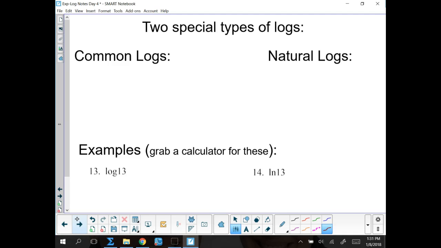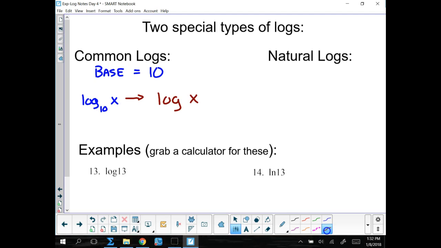So, a common log is a log that has a base that is equal to 10. And so, rather than write log base 10 of x every single time, they shortened that up, those crazy mathematicians, they shortened that up to just log of x. So if you just see the word log with no base, it's assumed that it's base 10.